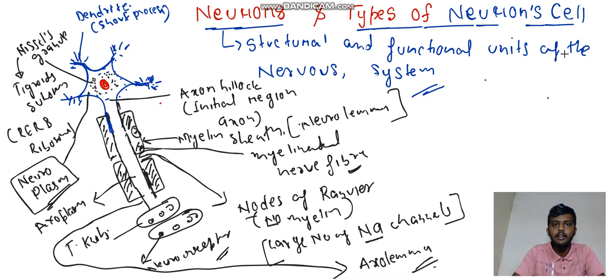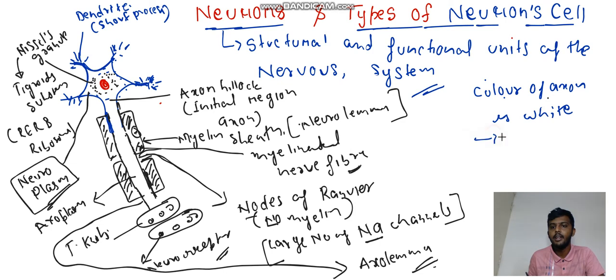One more thing I forgot to tell here: the color of axon is white due to the presence of myelin sheath.